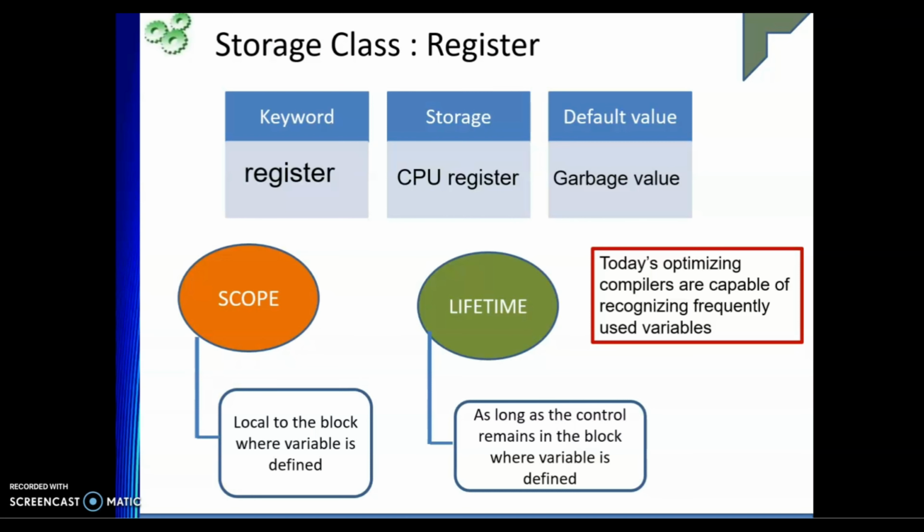It is just a request to the compiler, and it is the compiler that decides whether it will take it as a register or not. Previously the compiler worked like that, based on availability. But today, even if you don't write register, if the compiler sees that a variable is most frequently used, then it will automatically store this variable in a register itself.